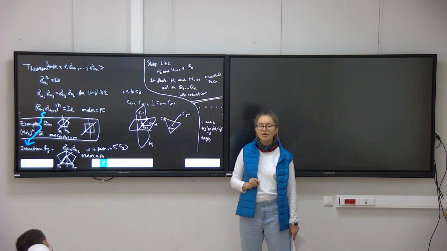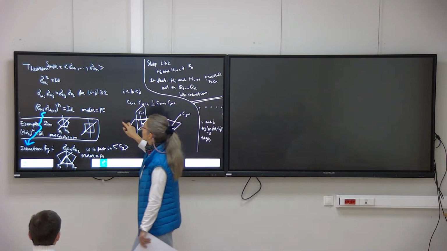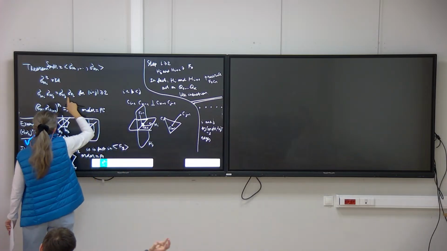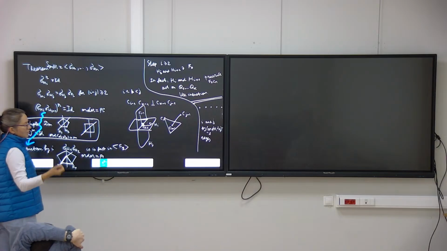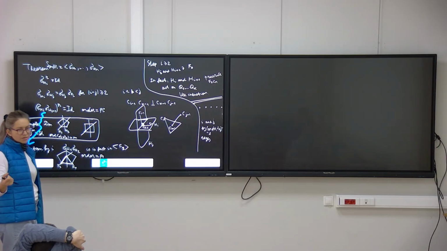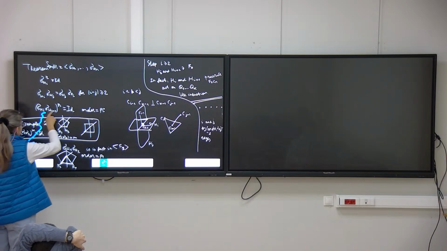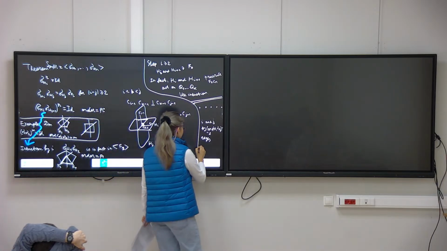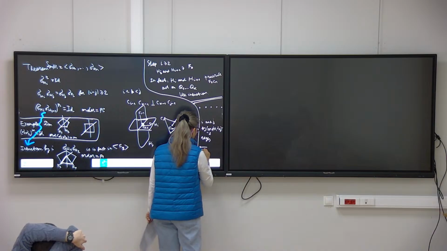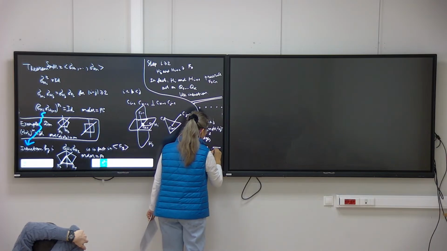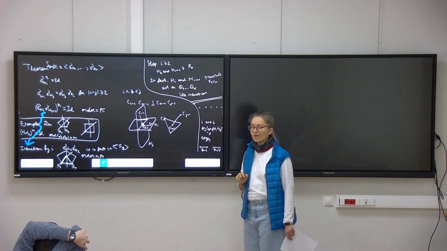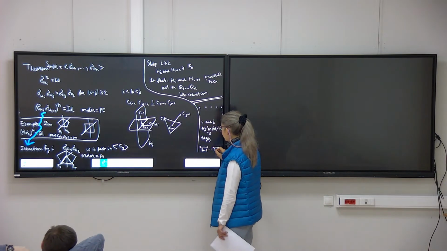So for almost all pairs, the order equals 2, so almost all i and j are not connected. But the adjacent ones are connected by p1 minus 2, etc., pn minus 1 minus 2 edges. So we have such a graph.